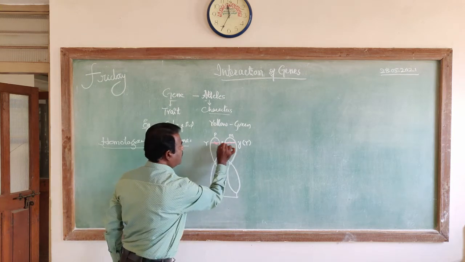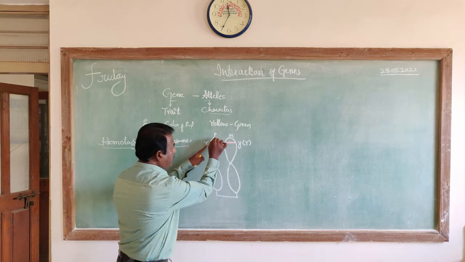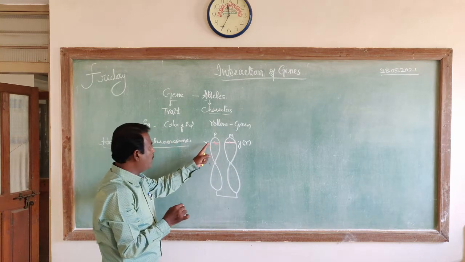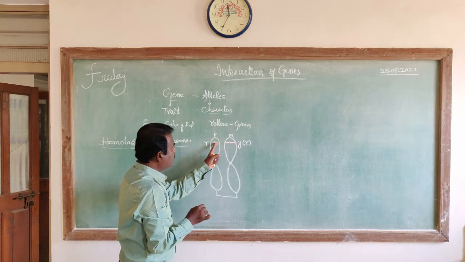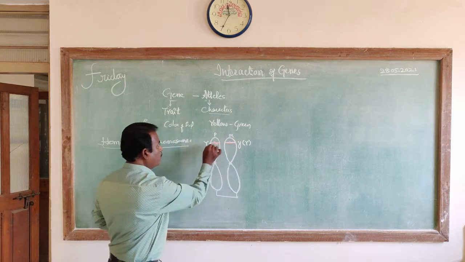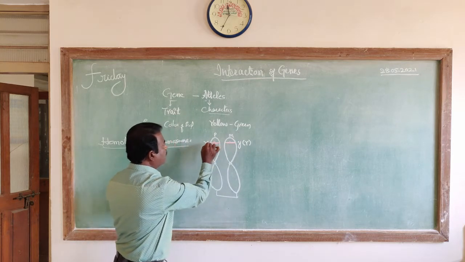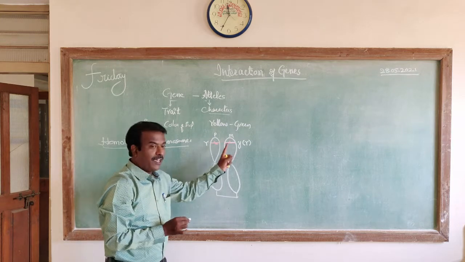The allele on the paternal chromosome for yellow color has a locus similar to that of the allele for green color. That means both these alleles of a gene for color of the seed belong to the same locus.